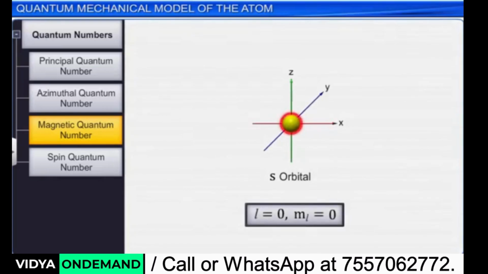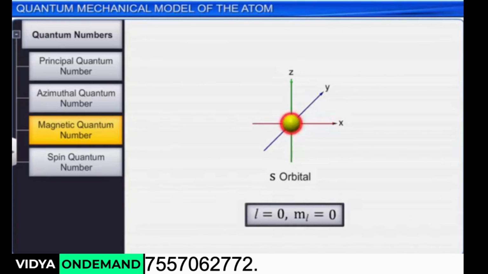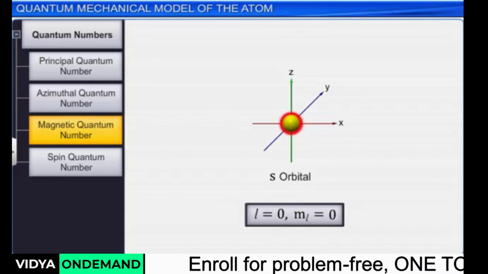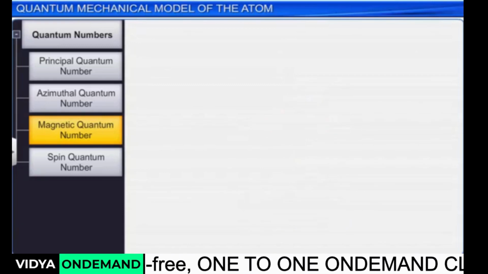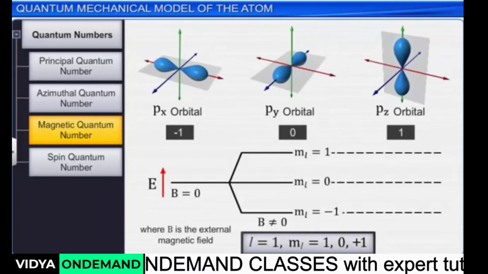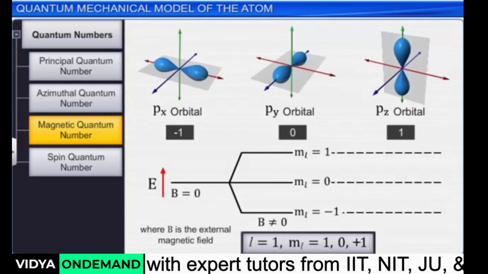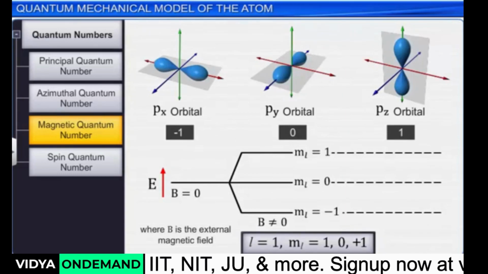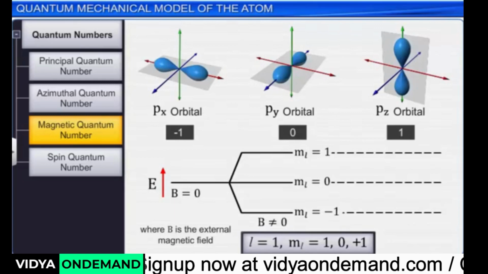Thus, the s subshell can have only one orientation in space and only one orbital. For l equal to 1, the p subshell can have a maximum of 3 orbitals with orientations along the 3 axes.